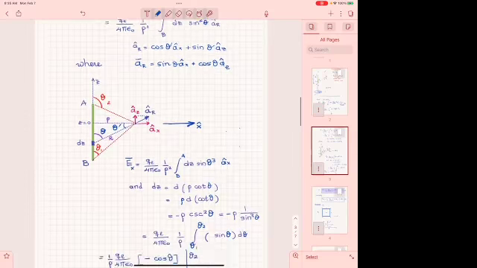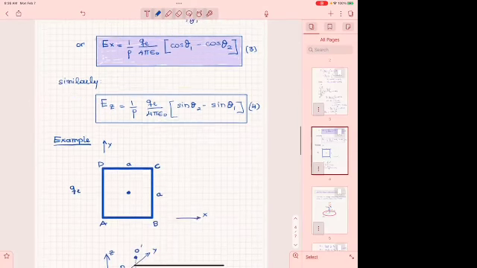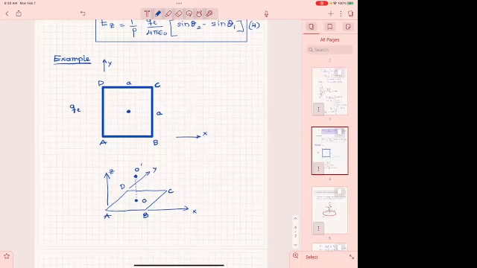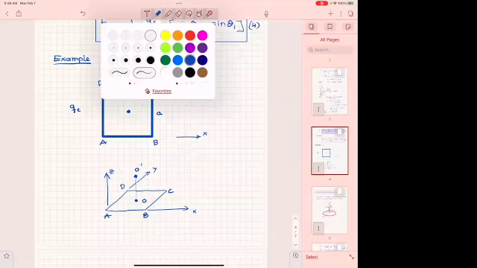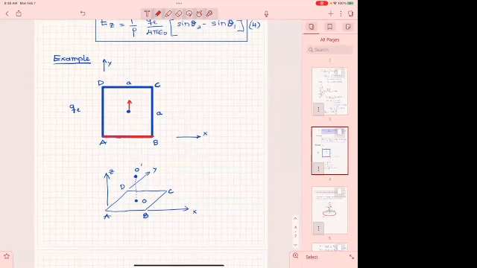That's what we found here. Perpendicular to the segment, parallel to the segment. So if I take AB, let me use this color so you see it, okay? So this is AB, I'm taking this segment. It's gonna create an electric field that is gonna have one component, which is gonna be perpendicular to AB, and the other component, which is gonna be parallel.